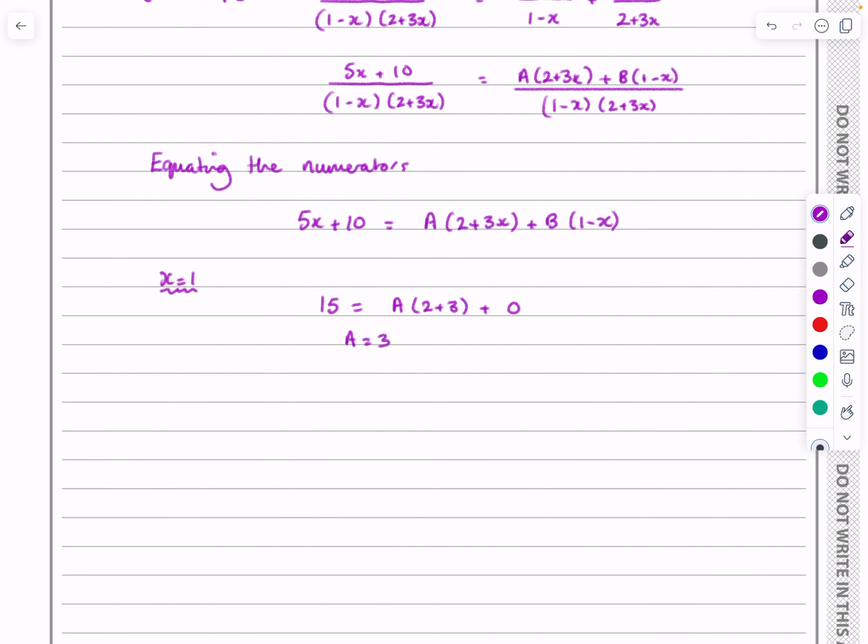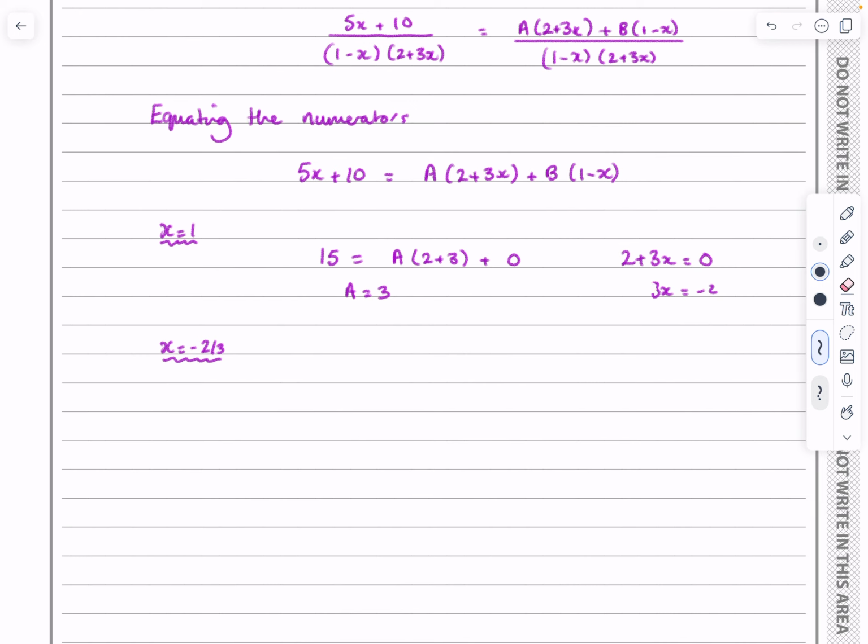I also want to get rid of the other term, so just quickly, hopefully this is no problem to you at all, but if 2 + 3x equals 0, 3x equals -2, x equals -2/3, so that's what I'm going to set as my next value for x, so that I get rid of the A term this time. When I'm doing that, I don't need to have all that written down, so let's just get rid of that bit there.